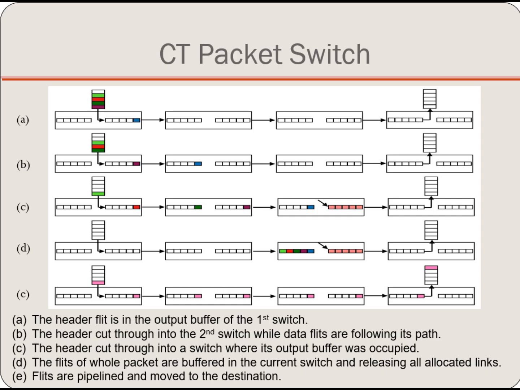So when the header comes in here and the decision can be made, this output link should be chosen, so you can put it in there immediately, and if this link becomes free, it goes away. It goes until somewhere, for example here, where the output link is occupied by another message. Then this header flit will stop there, waiting until that link becomes free. Eventually when it is free, we can immediately go through, and so on.